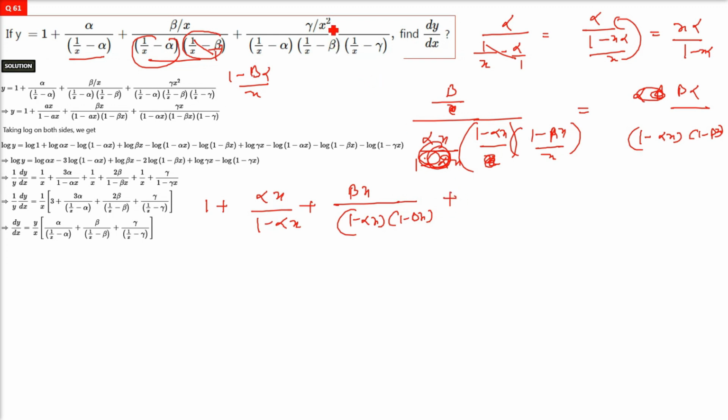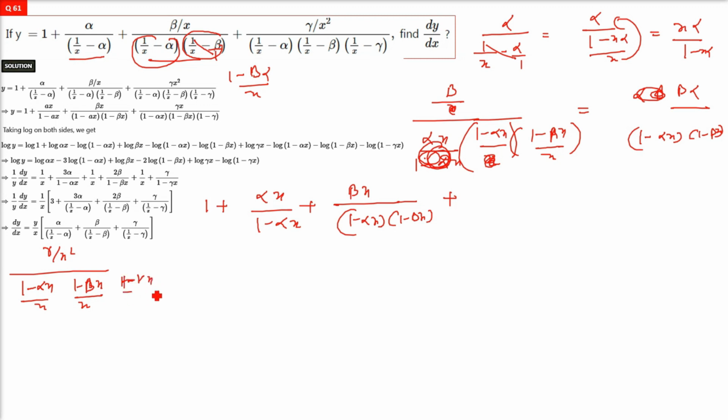Now here we have γ by x square, and there are 3 terms in the denominator. So we have γ by x square, and then we have 1 minus αx by x, here also 1 minus βx by x, and we have 1 minus γx by x.